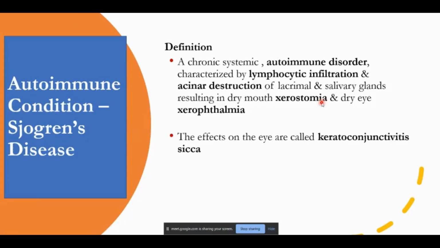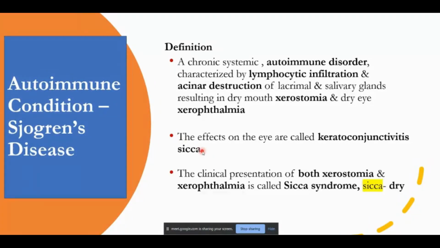That's the definition of Sjögren syndrome, which pretty much also explains its etiology, that is, it's an autoimmune disorder, its histopathology, and clinical features as well. Histopathology is this, clinical features are these two. And the effect on the eye, that is the xerophthalmia, is called keratoconjunctivitis sicca. Okay, you know there is conjunctiva of the eye, right? Sicca, again, the terminology means dry.